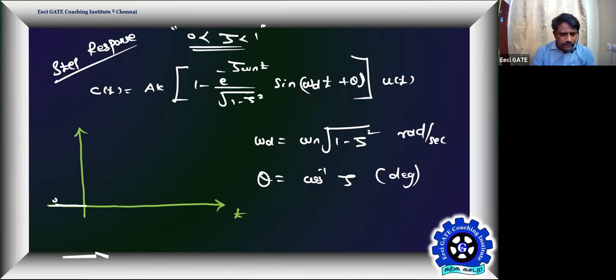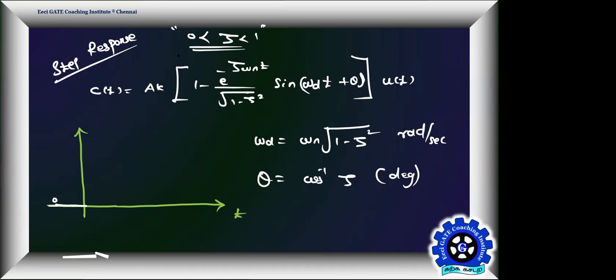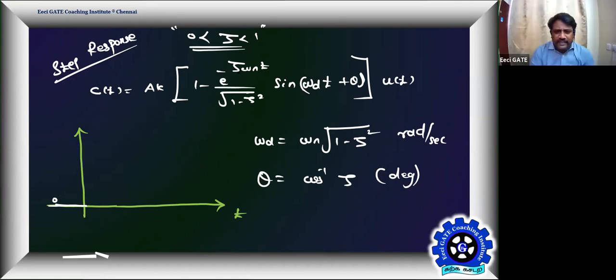At time t equal to infinity, what is your response? E power minus infinity is 0, so the response will attain what value? At t equal to infinity, e power minus infinity is 0. That means the entire transient part will die out.